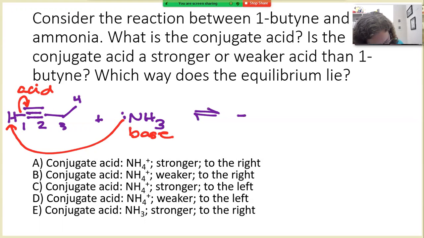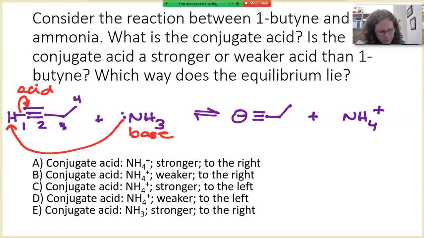So the product that we make is this negatively charged sp hybridized carbon and NH4 plus. Okay, so the nitrogen adds a hydrogen, and so it's going to have a formal charge. So which molecule is the conjugate acid and which is the conjugate base?